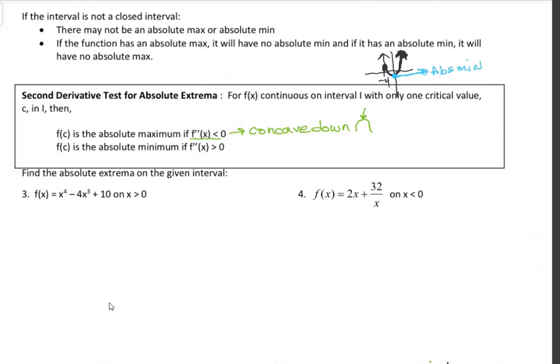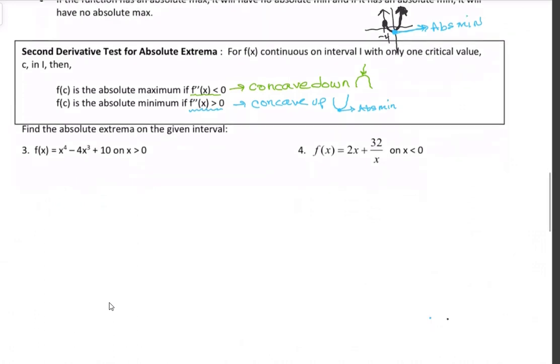And if I test my second derivative and get a second derivative that's positive, we know that a positive second derivative means that my curve is concave up, which is naturally going to create an absolute min. So let's take a look at an example. Let me show you how this works.